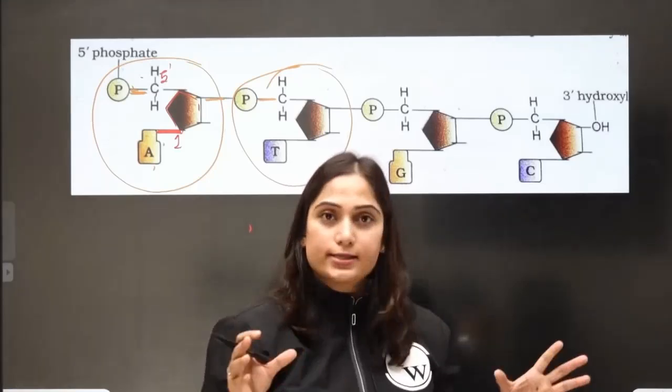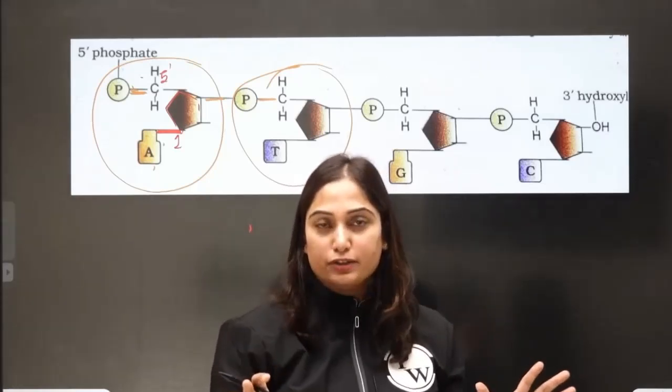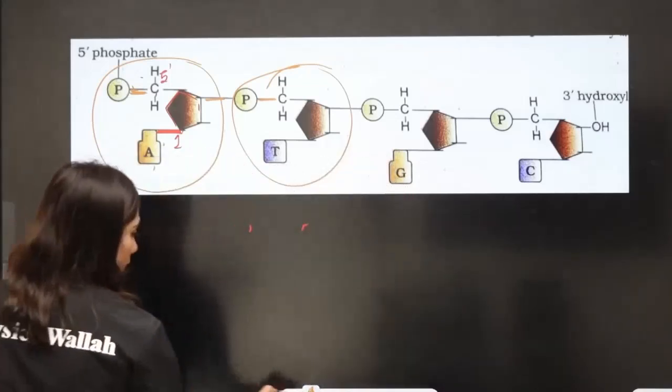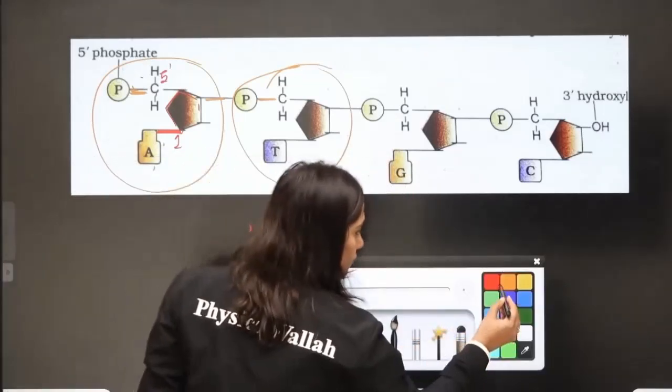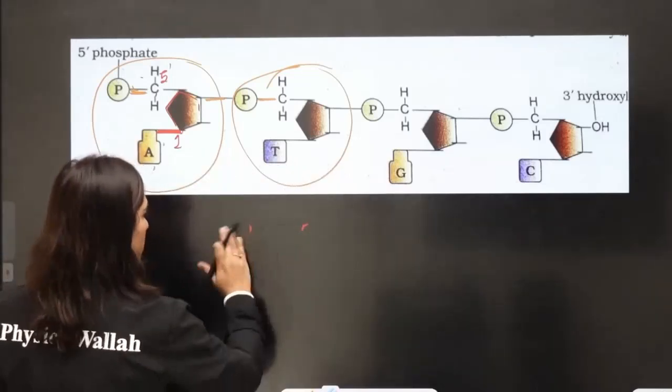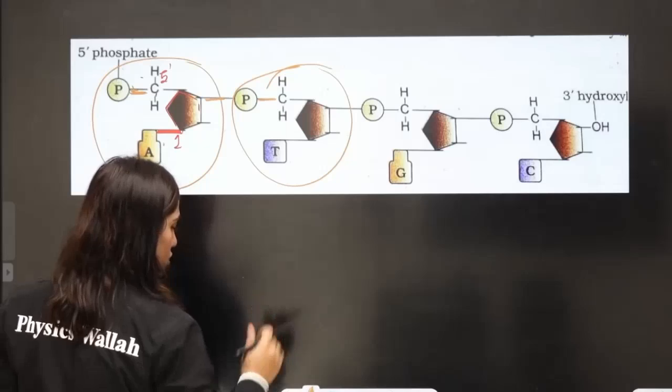So let's deduce a general formula for calculating the number of phosphodiester bonds. As we all know, beta, we can have 4 types of condition in the DNA.